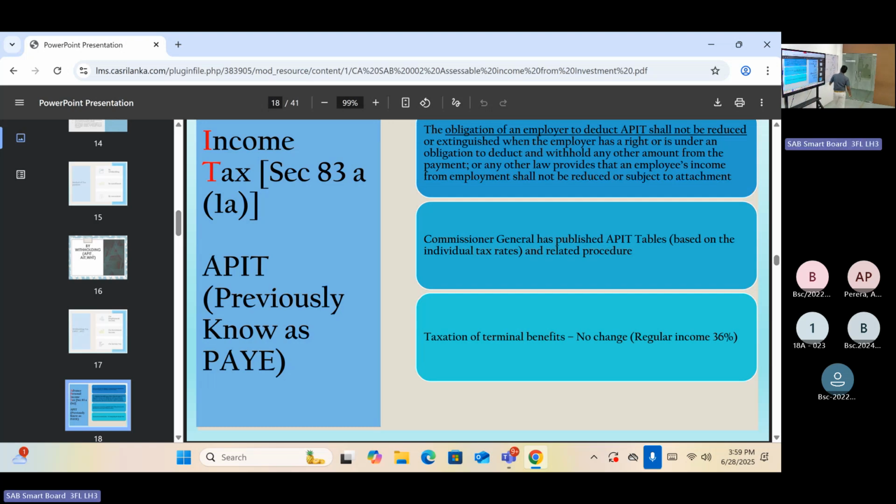EPF, you know that employees contribute monthly. How much for you? As per the EPF law, the employee's contribution is 8% and the employer's contribution is 12%. At the termination or retirement, you get the total amount. That's the retirement benefit.